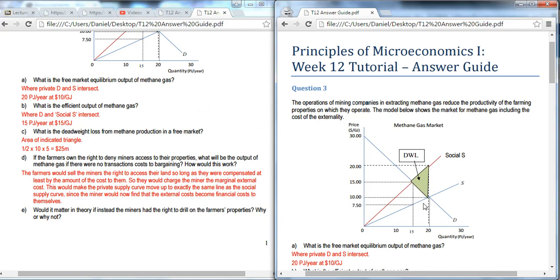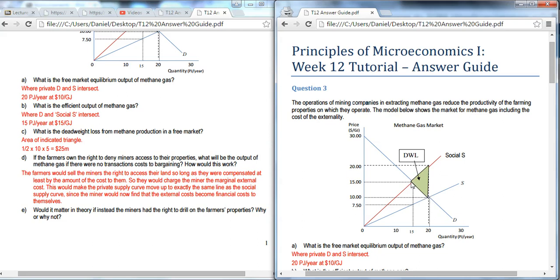Well, you work it out, as you might remember from the tutorials, by looking at the difference between the socially efficient output, which is this point here, and the actual output in the free market, which is going to be this point here, and looking at what happens as you move away from the socially efficient output point.